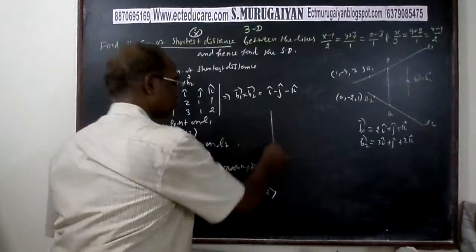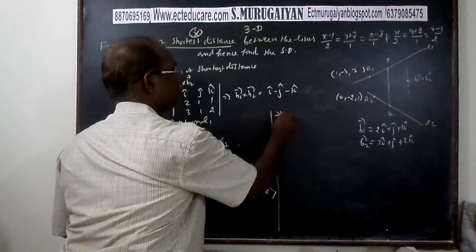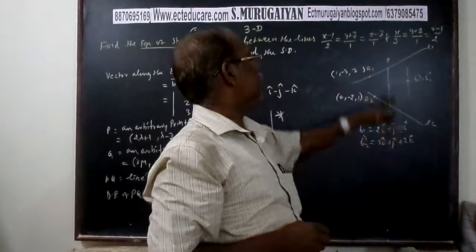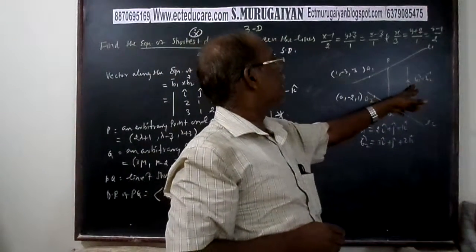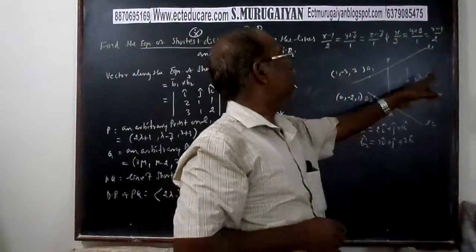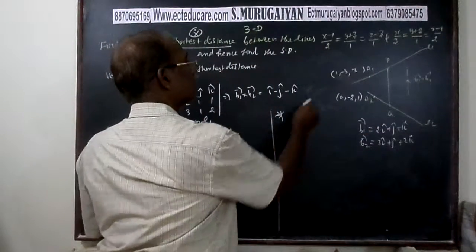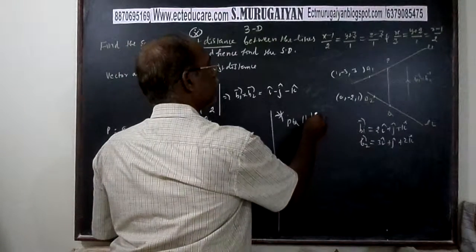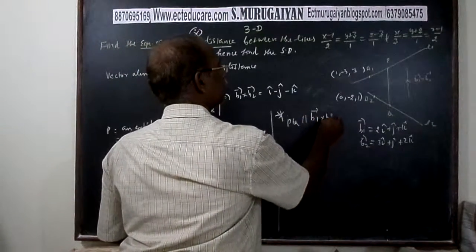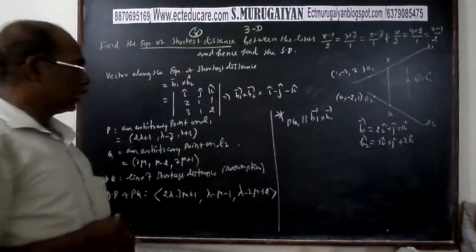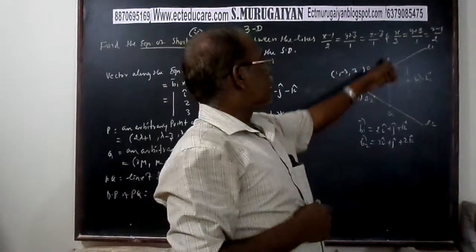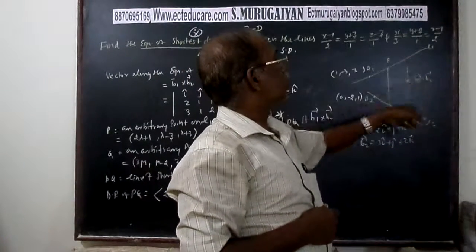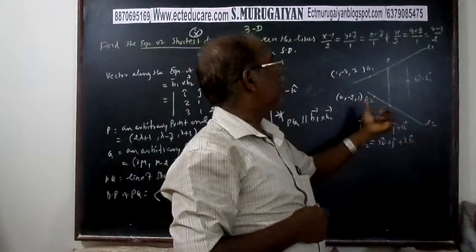Listen, the point to be noted is very important. The line of shortest distance PQ is parallel to B1 vector cross B2 vector. This means the direction ratios of PQ and the direction ratios of B1 cross B2 are in proportion.